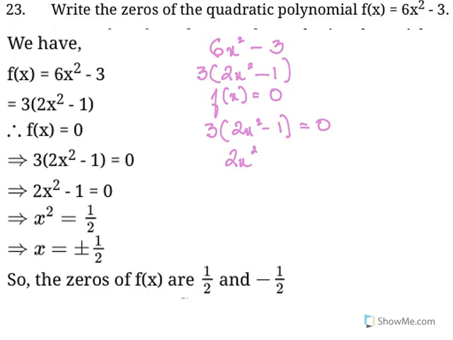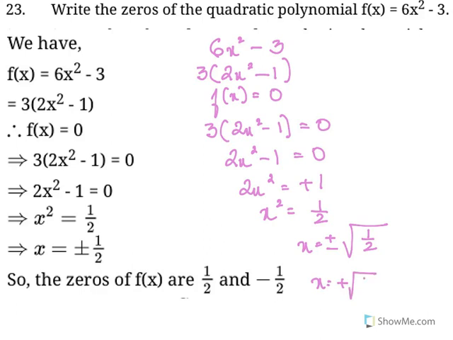So 2x square minus 1 equal to 0, 2x square equal to plus 1, so x square equal to 1 by 2, x equal to under root of 1 by 2, so plus and minus. So x equal to plus under root 1 by 2 or x equal to minus under root 1 by 2.